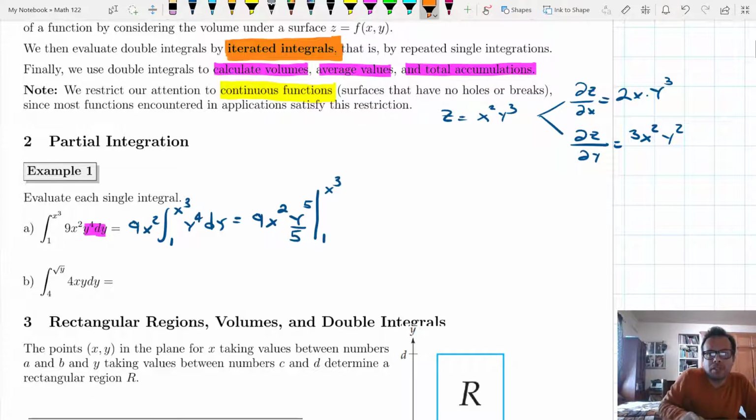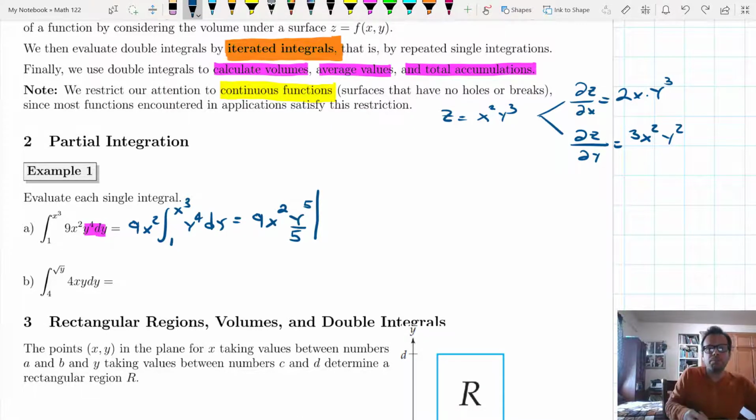However, when I write it this way, it would be a better idea to be clear which variable we are evaluating, that x cubed and that 1. So I'm going to erase this, because in this case we are integrating with respect to y.